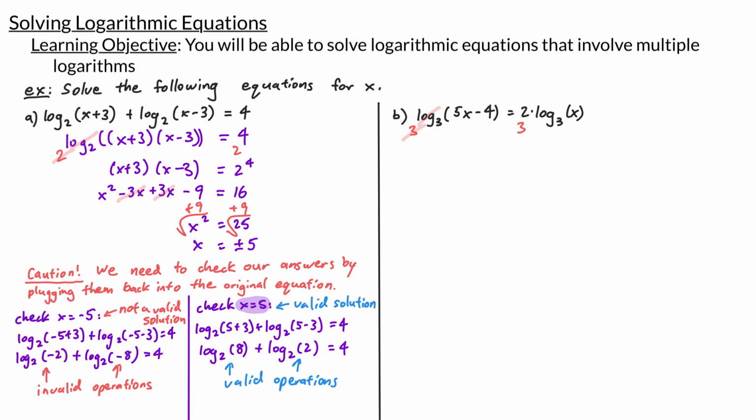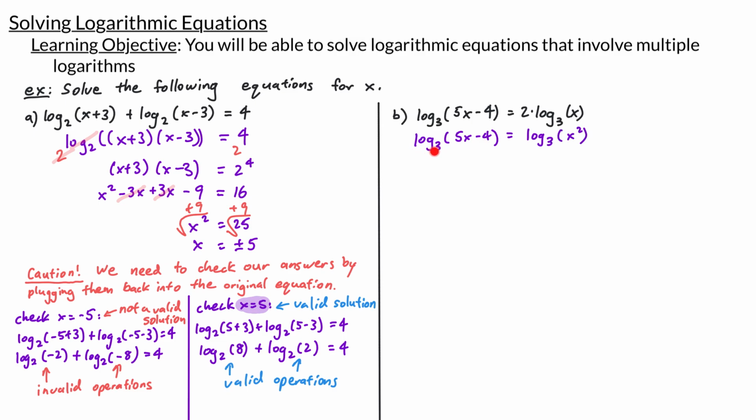So there's something we need to do before we exponentiate both sides with base 3. Remember that we had a log property that told us that if we have any multiples in front of the logarithm, we can bring them inside as exponents. So let's rewrite our equation. On the left-hand side, we still have log with base 3 of 5x minus 4. On the right-hand side, bringing that 2 in as an exponent, this gives us log with base 3 of x squared.